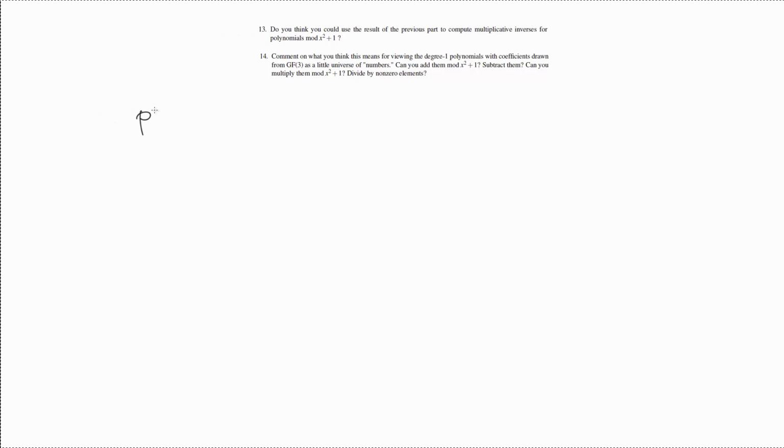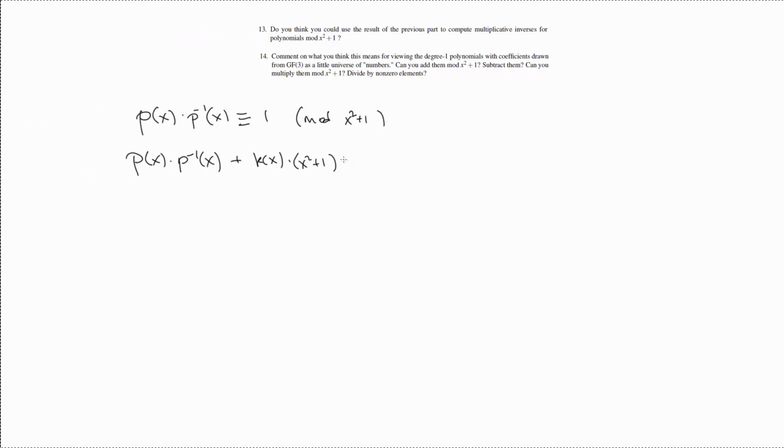If we have some polynomial p of x, its inverse, p inverse of x, is such that their product is congruent to 1, modulo x squared plus 1. This means that p times p inverse plus some polynomial k of x times x squared plus 1 is equal to 1.